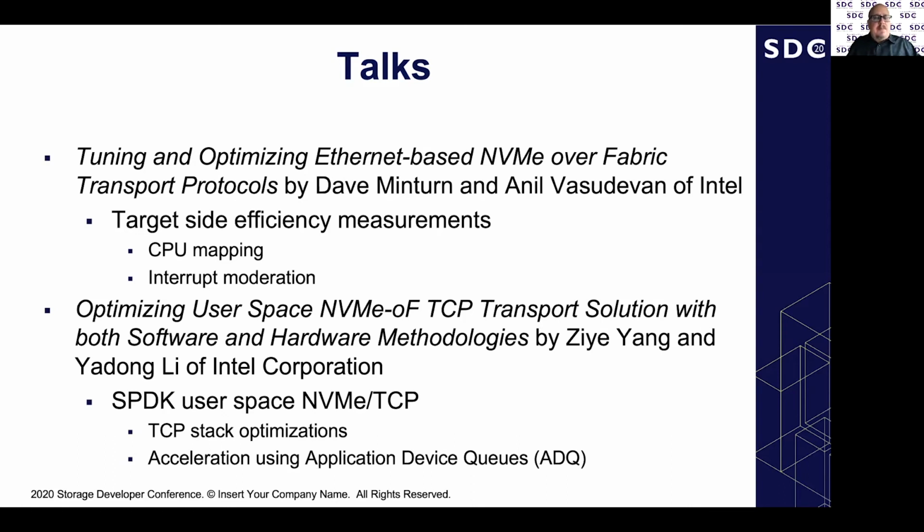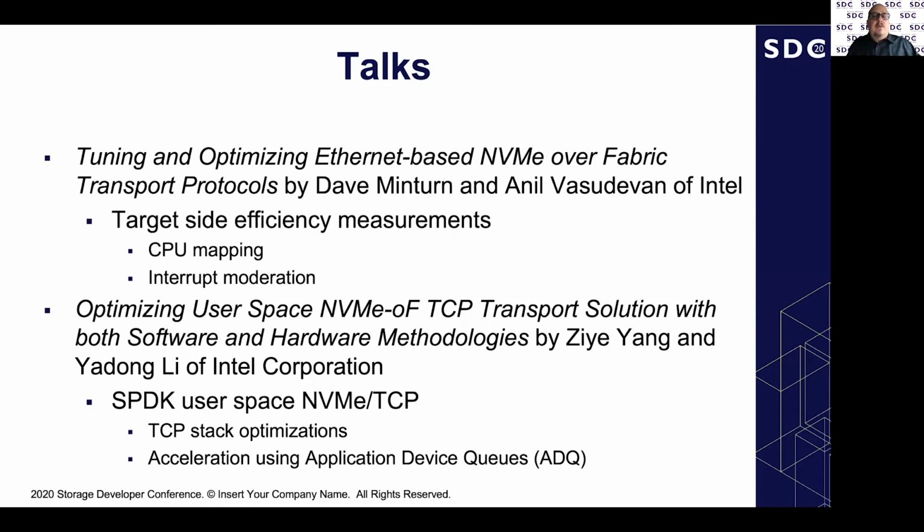Some of the mechanisms that they are looking at and using in this is CPU mapping certain queues to certain CPUs or threads, and also interrupt moderation to prevent interrupts from overwhelming the CPU. It's a very good talk. It's a very detailed, in-depth look at different protocols and different ways of doing it for each protocol and the performance measurements that come out of that.